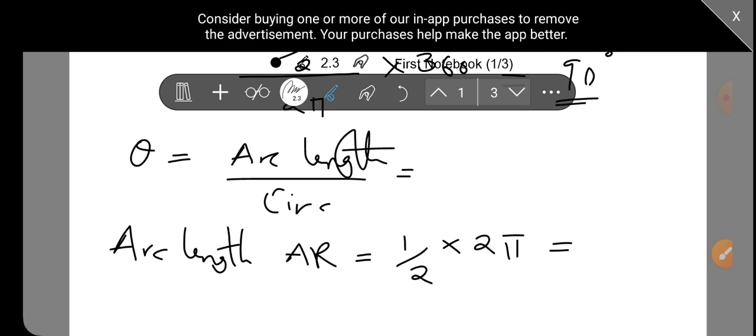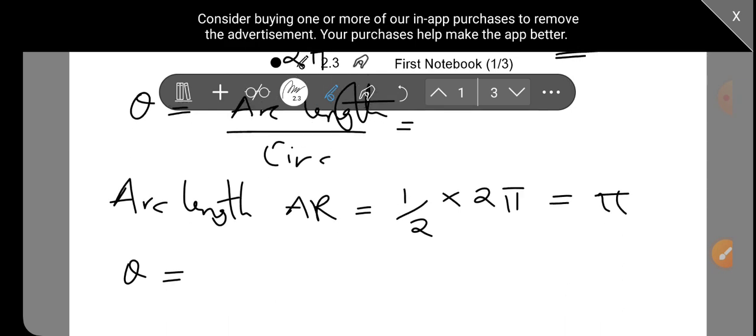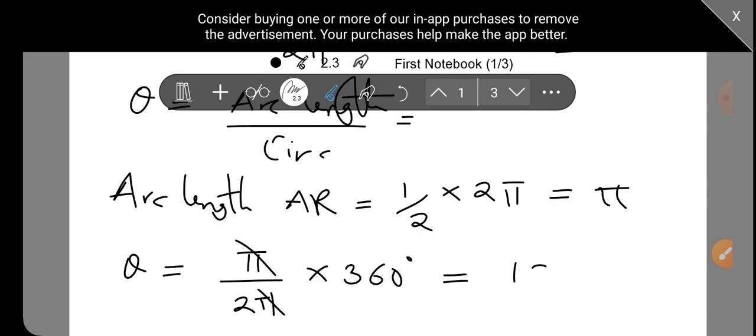You divide and find your answer, pi. So from the formula, theta equals arc length, pi, over circumference, 2 pi, times 360 degrees. What am I getting? This cancels, that cancels, and gives 180 degrees.